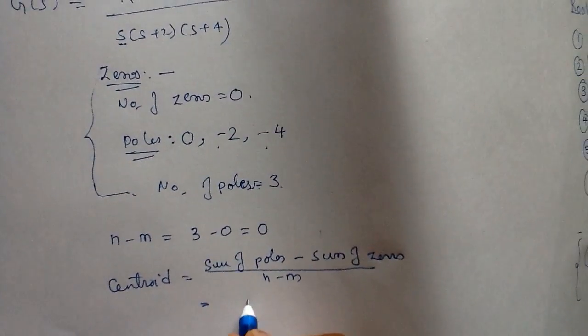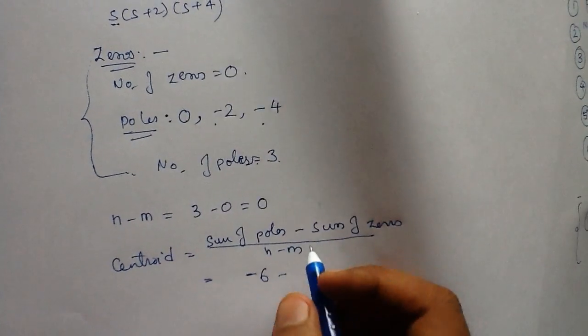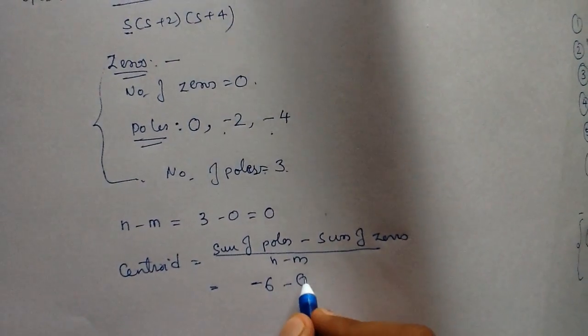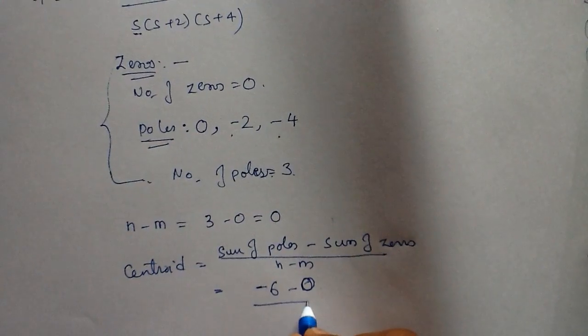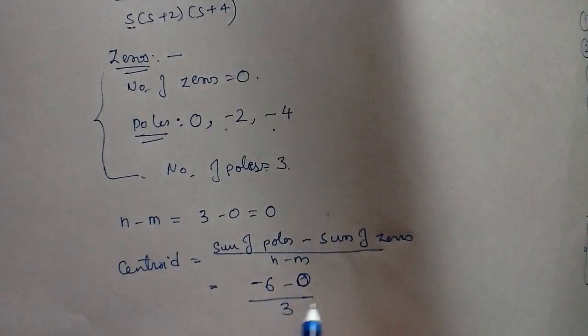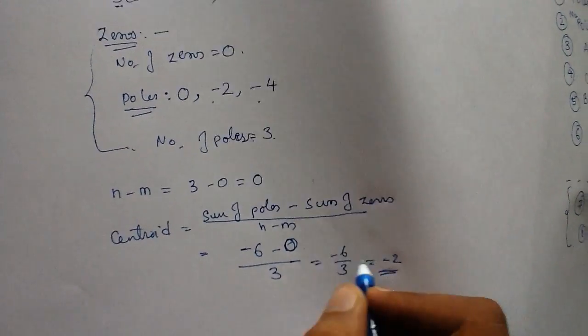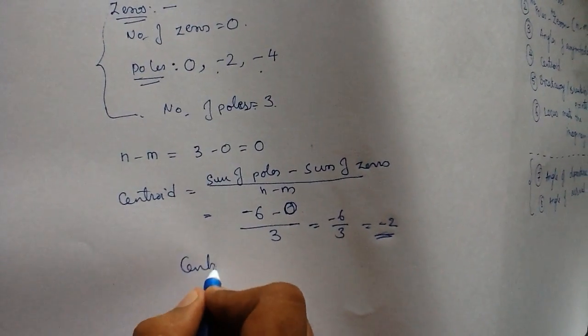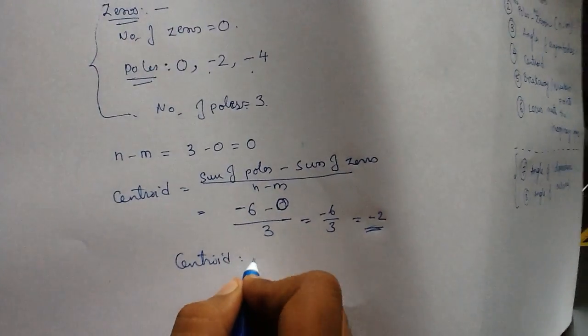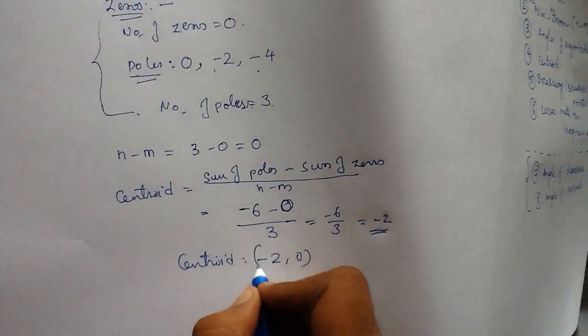The sum of zeros is 0, because there are no zeros. And n minus m is 3. So minus 6 by 3 is minus 2. So the centroid is minus 2 comma 0.